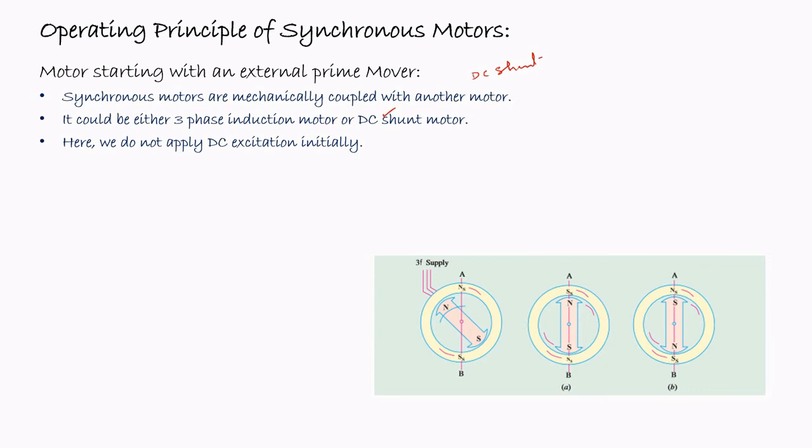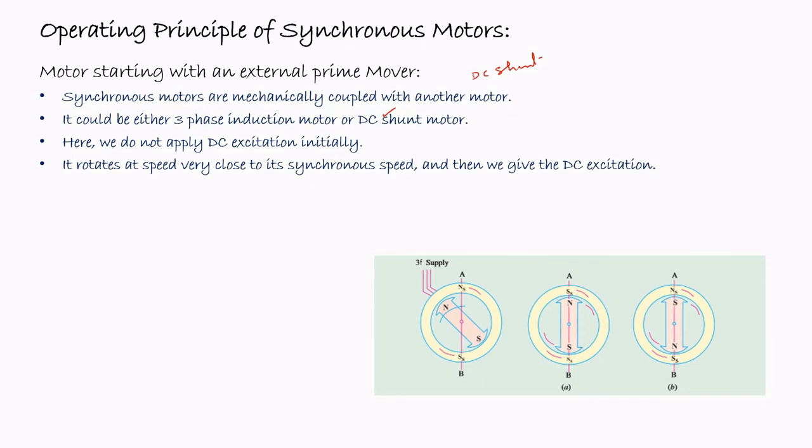Here we do not apply the DC excitation initially. That means we will not supply the power to the rotor. First of all, the rotor will be coupled with the prime mover, that means the DC shunt motor, and it rotates at a speed very close to its synchronous speed. That means the external DC shunt motor is coupled with the rotor, and this DC shunt motor will now make the rotor rotate at a synchronous speed in the same direction as that of the rotating magnetic field which is produced in the stator.